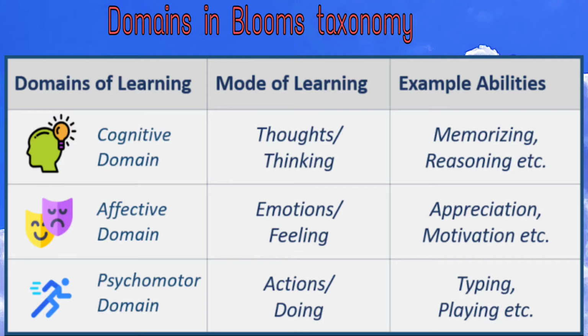Here the mode of learning is by emotions or feelings. Examples include appreciation, motivation, etc. Third one, psychomotor domain. Mode of learning is by actions or doing. Examples include typing, playing, etc.